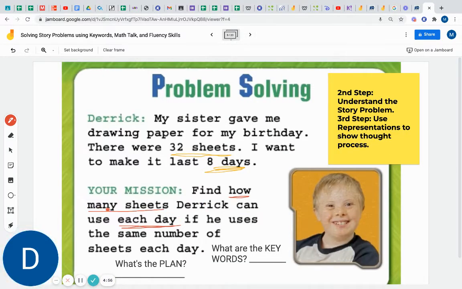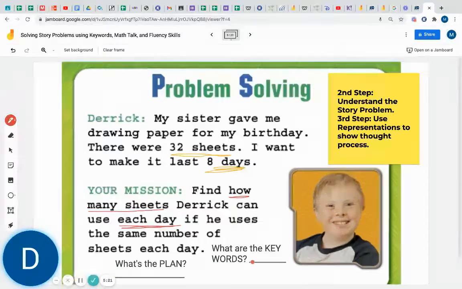This says how many sheets in each for each day. So the question would be, if we have a total of 32 sheets, would we want to multiply 32 sheets by 8 days? Is that going to tell us how many to use each day? Or would we be needing to divide the 32 sheets by 8 days? So we're going to get a smaller number as our answer.